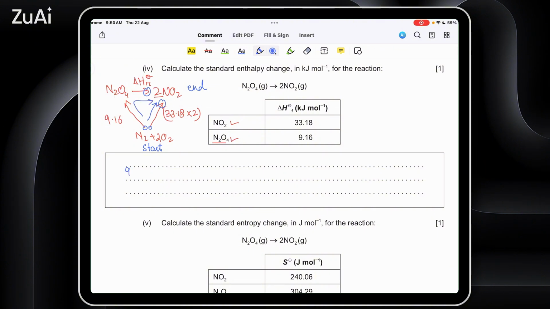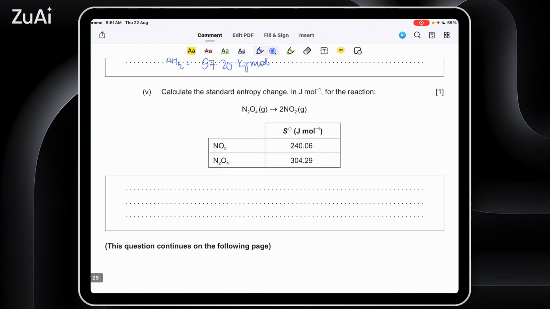So it would be 9.16 plus delta HR, which we have to find, is equal to 33.18 times 2. So that's the expression we have to make, and then calculate it. So delta HR is equal to 57.20 kilojoules per mole.